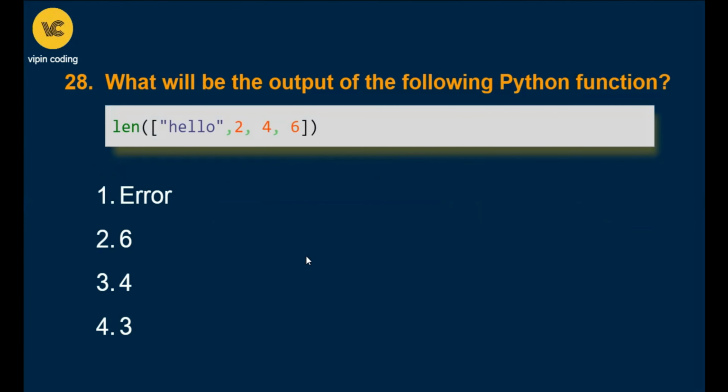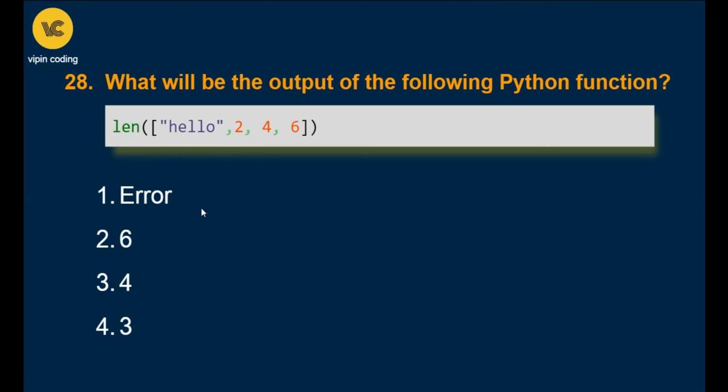Now the next question is, what will be the output of the following Python function? len(['hello', 2, 4, 6]). This is our list and it will show the length of the list.